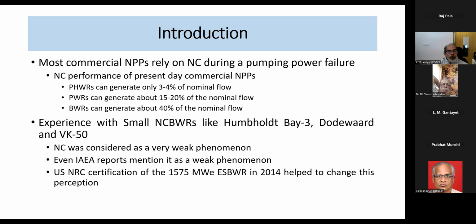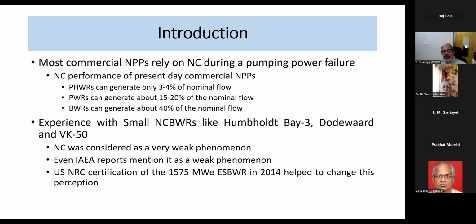In present day commercial nuclear power plants, the PHWRs can generate about 3 to 4% of nominal full flow, and PWRs about 15 to 20%, whereas BWRs can generate as much as 40% of the nominal flow under natural circulation. And there are several small natural circulation BWRs operating.